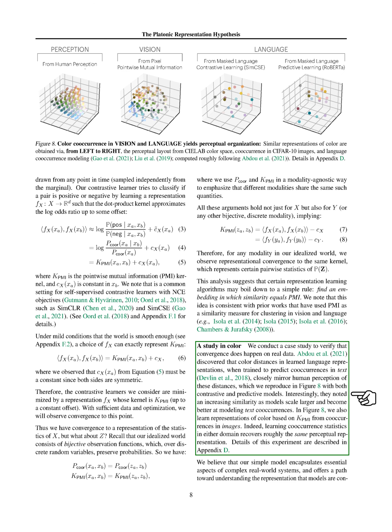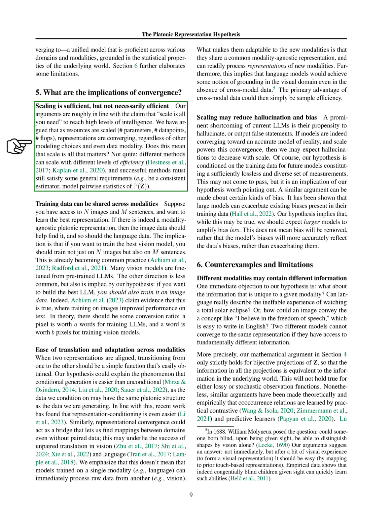Our simple model captures essential aspects of complex real-world systems and paves the way for understanding the unified model that models are converging to, proficient across various domains and modalities. We also discuss some limitations in scaling, efficiency, and the importance of satisfying general requirements in modeling. Furthermore, we highlight the significance of sharing training data across modalities to improve representation learning.